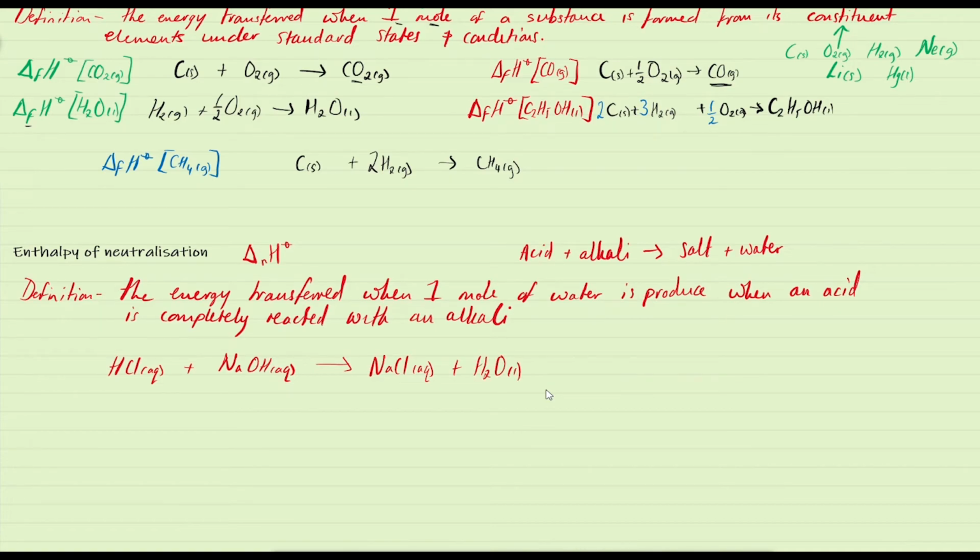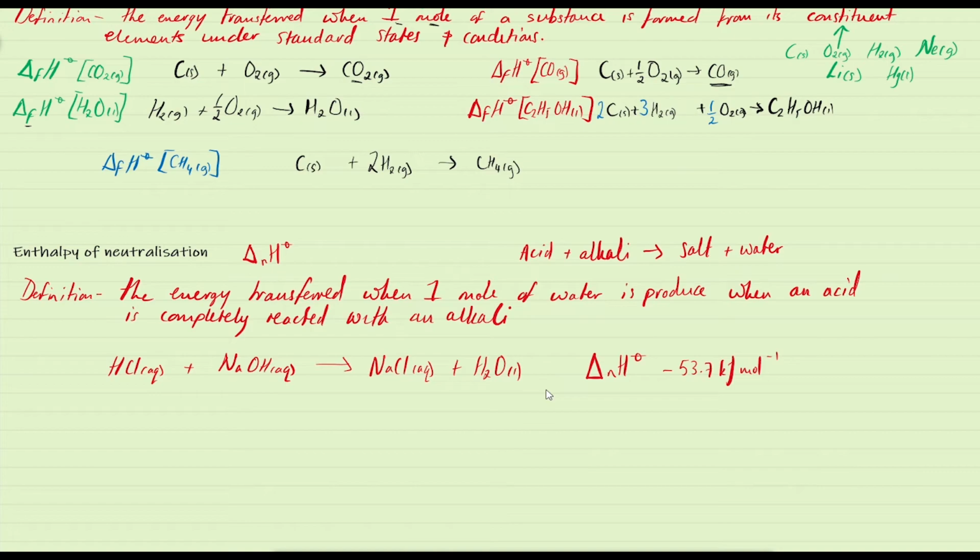So for instance, I'll give you the enthalpy of neutralization for this particular reaction here is minus 53.7 kilojoules per mole. So I've just taken that from a textbook as a quoted value. That's the enthalpy of neutralization for this particular reaction here.